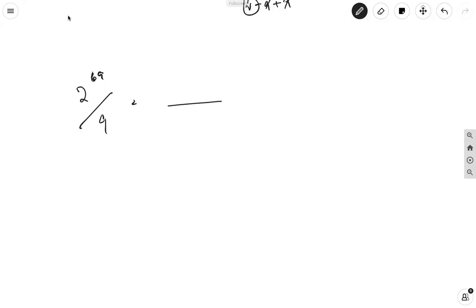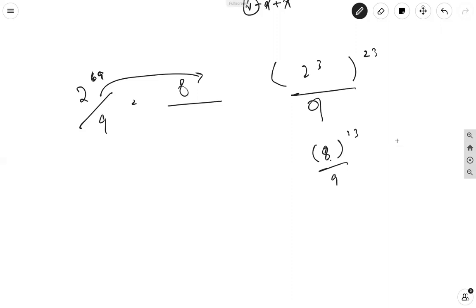Eight. Obviously 8. Yes, exactly 8. The point is, whatever you make in the upper side, try to have some multiple of 9 on the upper side. So we have 2 power 3, and the upper thing is 8 power 23, right?